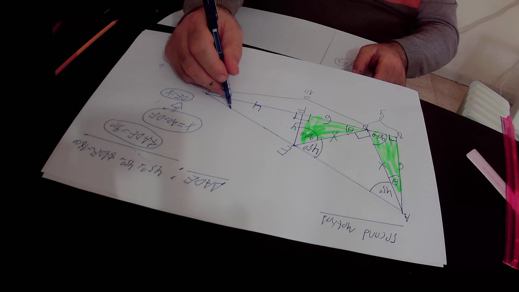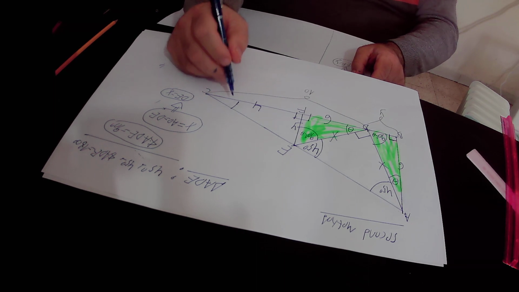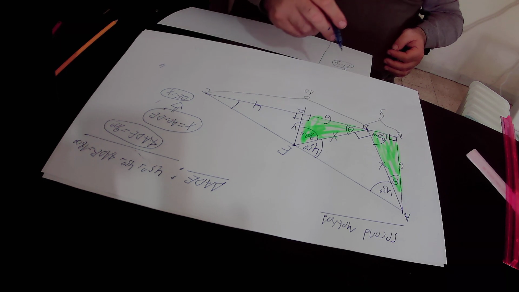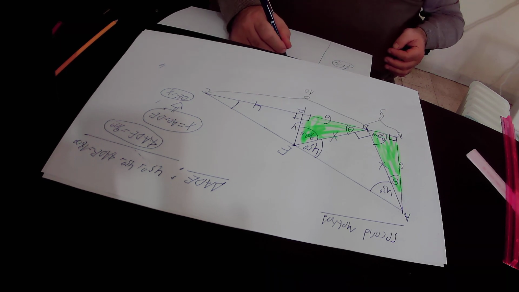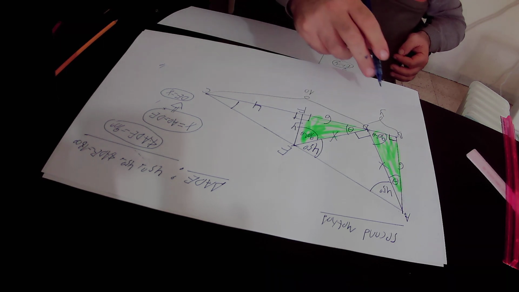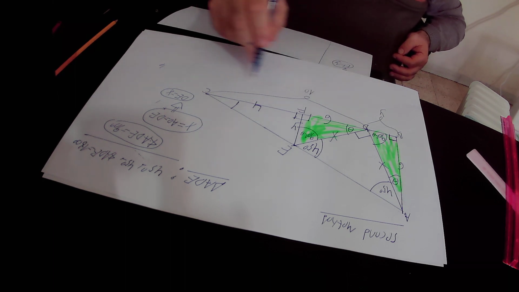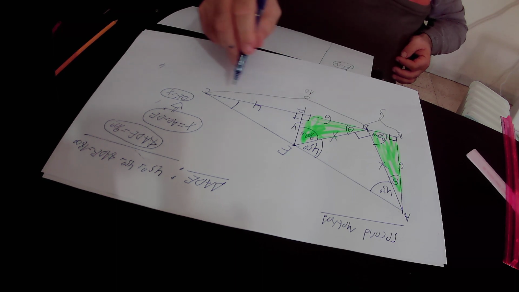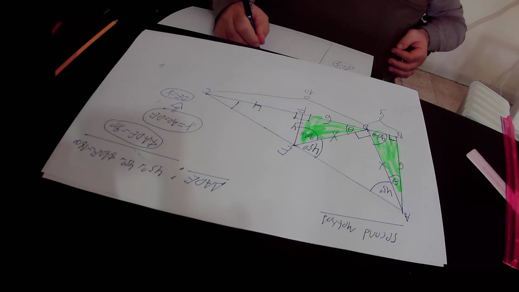This angle is a common angle, it belongs to both triangles. So we can write down that angle ACB is equal to angle ECF, and they are equal to each other because it is the same angle, a common angle.